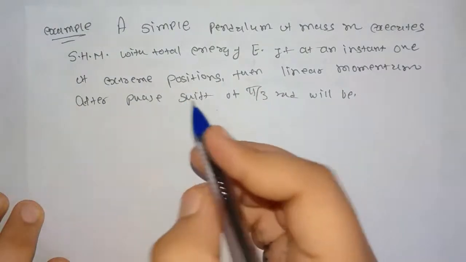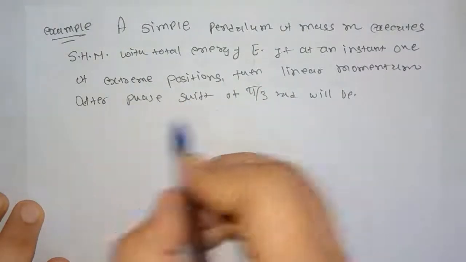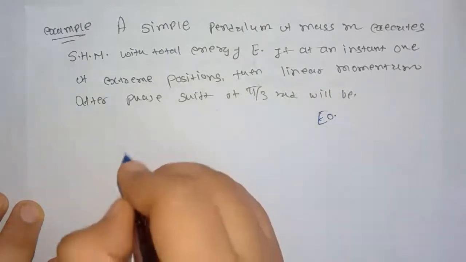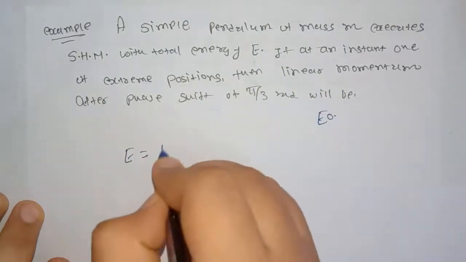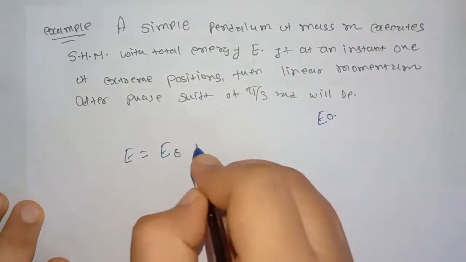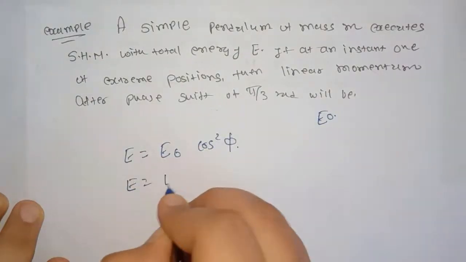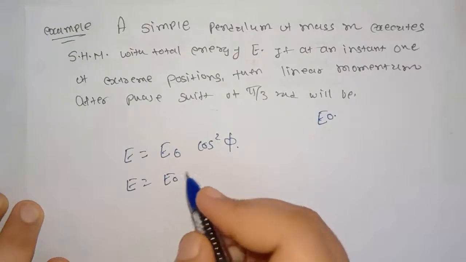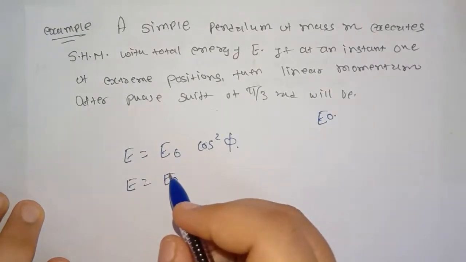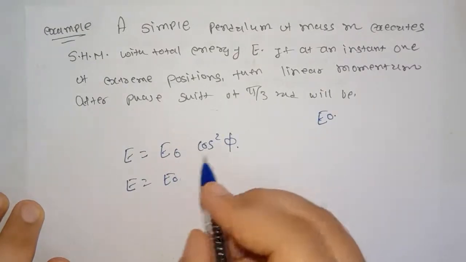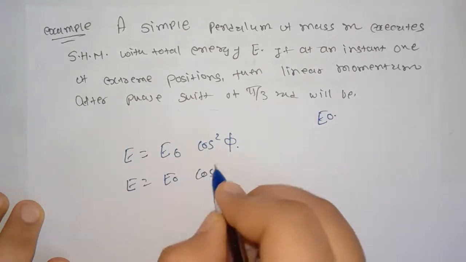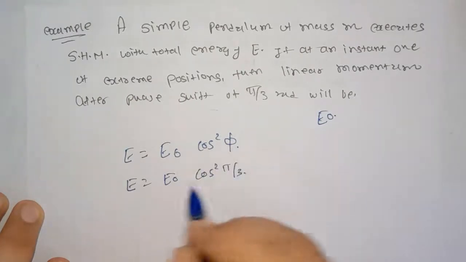The energy at an instant is, let's say, E naught. So energy at a particular phase shift will be given by E is equal to E naught cos square phi. That will be E naught cos square pi by 3.